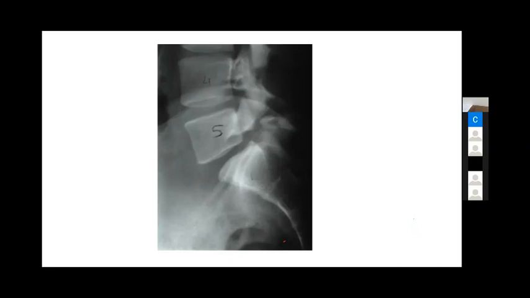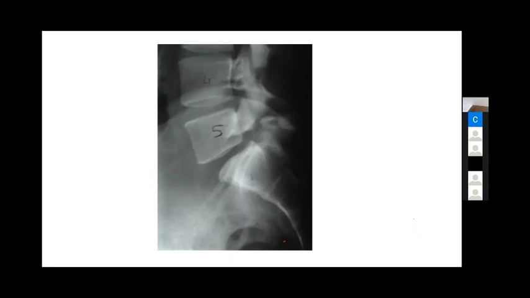This is again a plain X-ray showing the lateral view of a skeletally mature patient, sir, of the LS spine, lumbosacral spine. There is a pars interarticularis defect at L5 vertebra, sir.